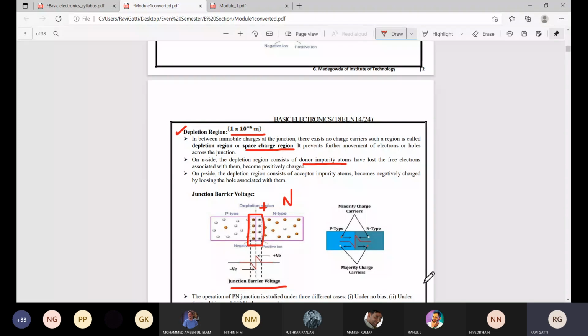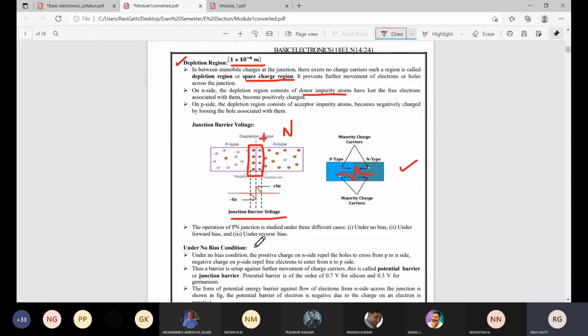Now you can see here the p type material and the n type material have created some band over here. This band, or this type of region, we call a depletion region. So this is how it will look.